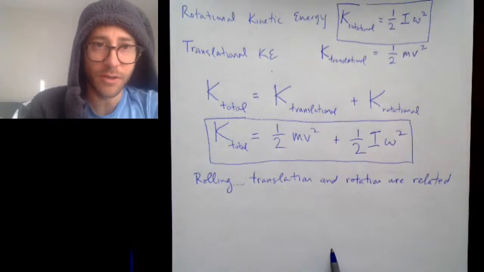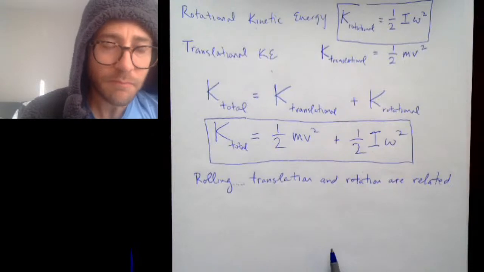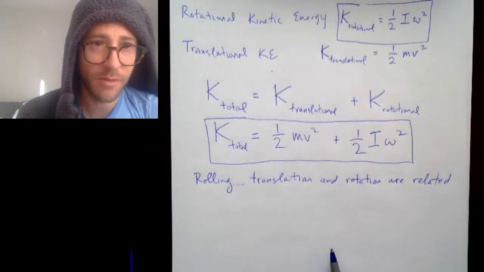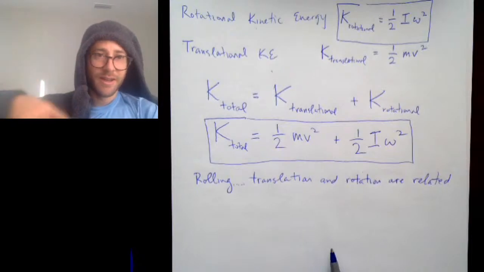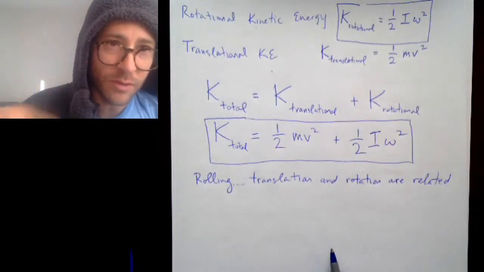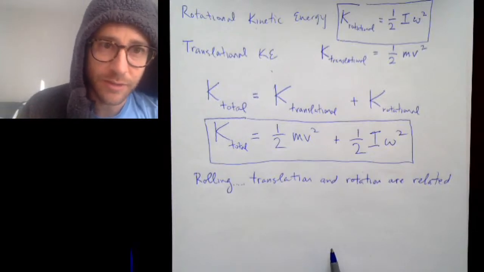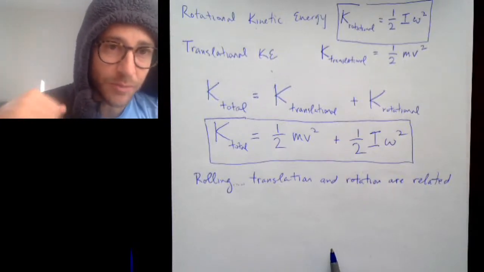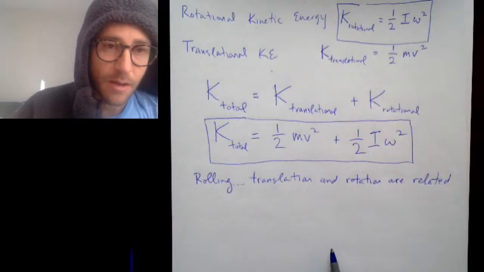That's how the odometer in your car works. The odometer in your car doesn't use GPS to figure out how far you go. The way the odometer works is it's measuring how many times the wheel has spun. And then it's doing a calculation and saying, well, if the size of the wheel is this and it's spinning this many times, you can deduce how far it goes.